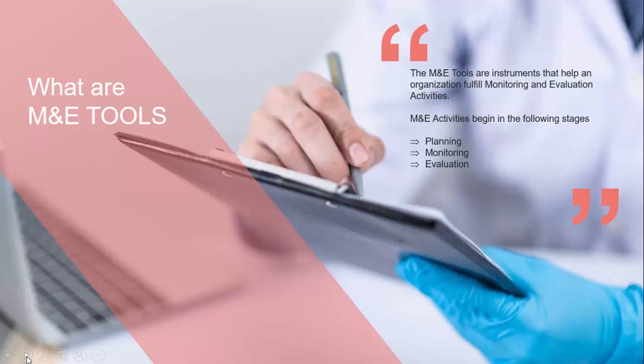Now, when it comes to M&E activities, there are basically three activities that are mainly done in monitoring and evaluation. You've got the planning, you've got the actual monitoring, then you've got the evaluation. Those are the three main activities you must keep in mind. I've brought this up deliberately because as we go on, I'm going to refer to these three stages.